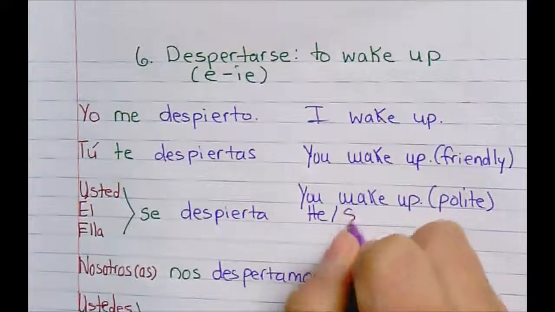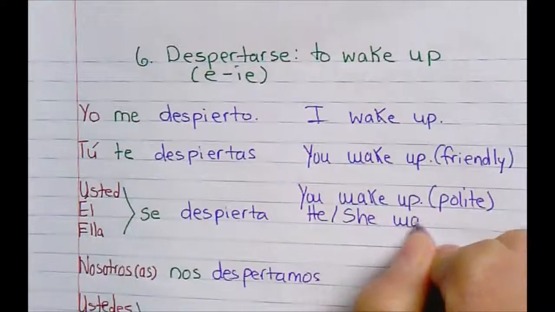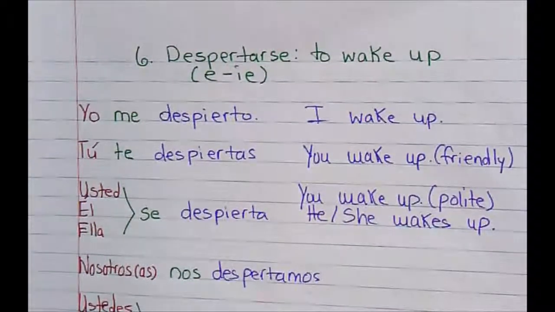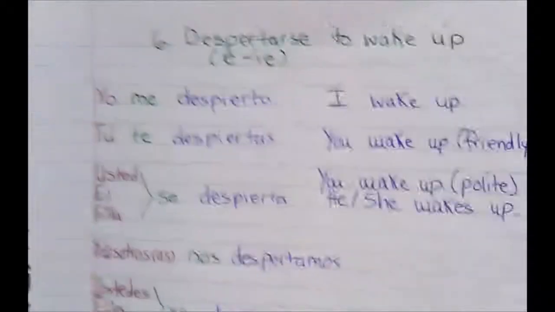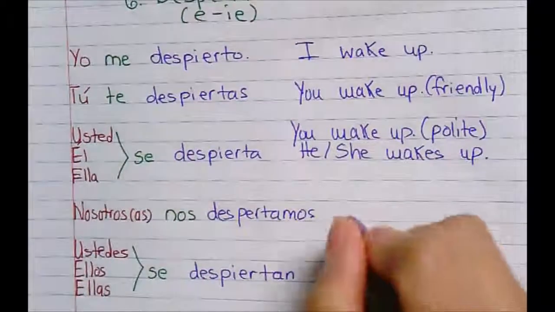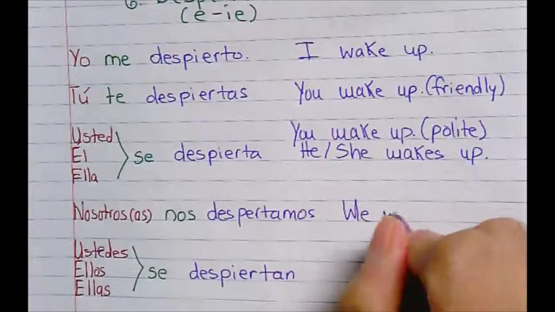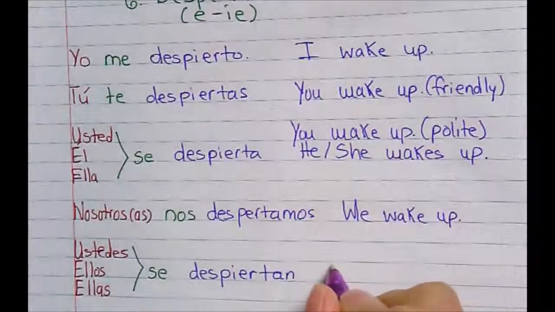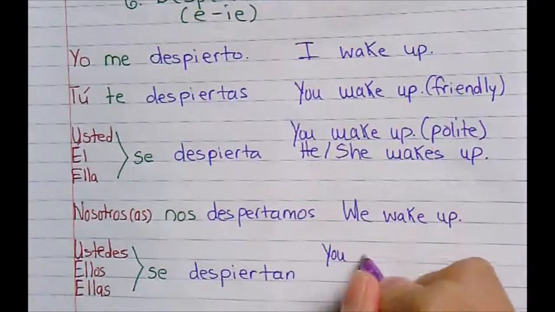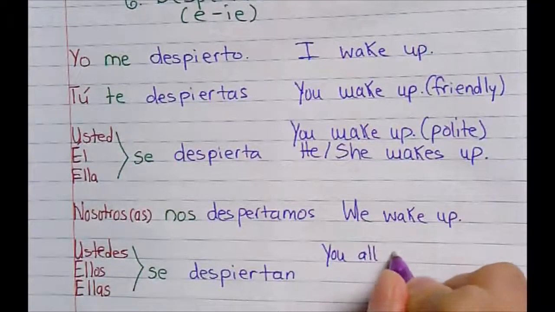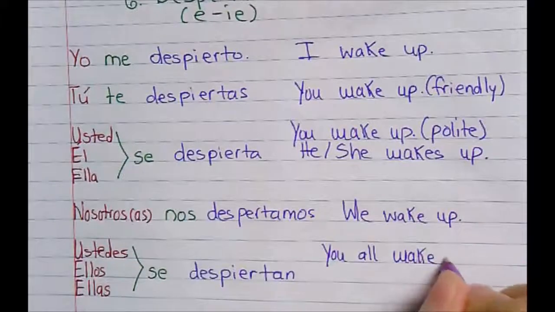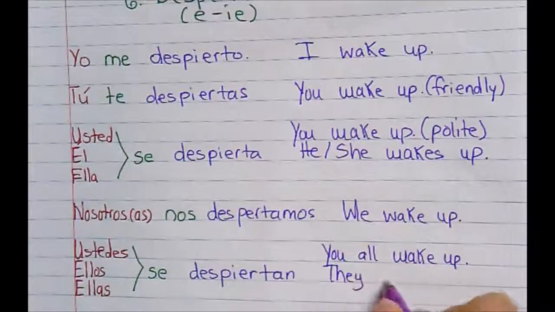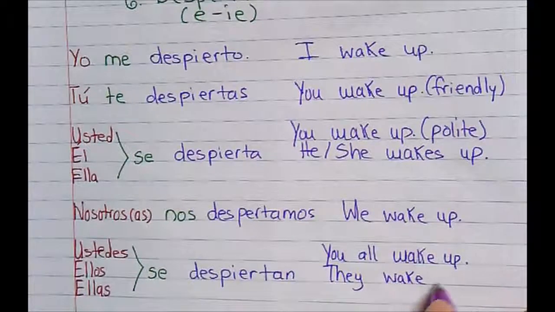He, she wakes up. We wake up. And you all wake up. And I just see that I forgot to put it in my other one. And they wake up.